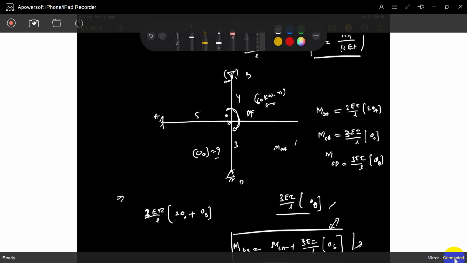You can easily say it. Otherwise you will write like this, with one extra unknown, theta B. So we can't. So when the outer end is hinge, you can use this equation. How this equation comes, we already discussed. Otherwise, go to the class. So M_OA, M_OB and M_OD will be written.